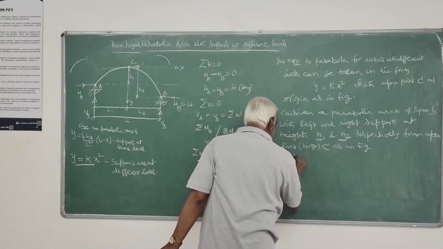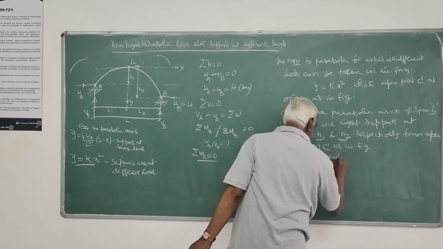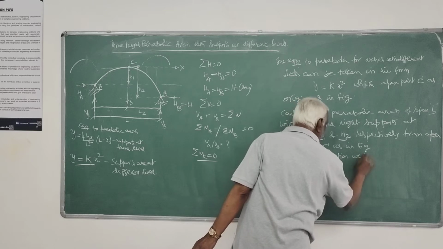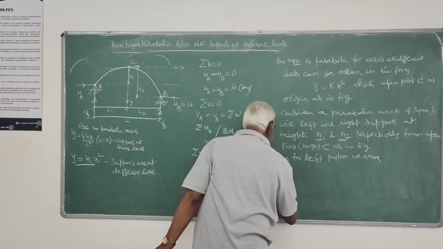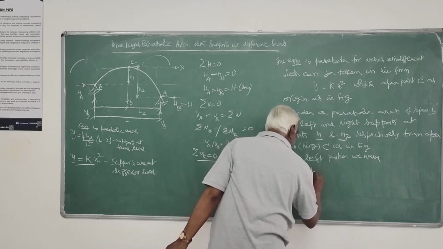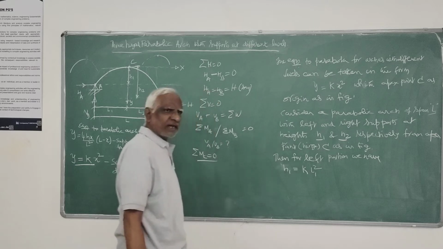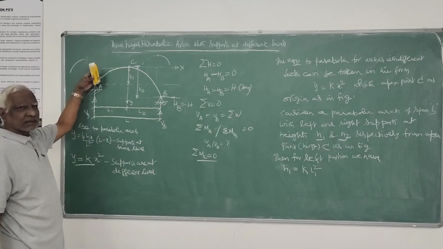Then for the left portion, we have y. Y is nothing but H1, that is nothing but k into L1 square. X is L1. Correct?